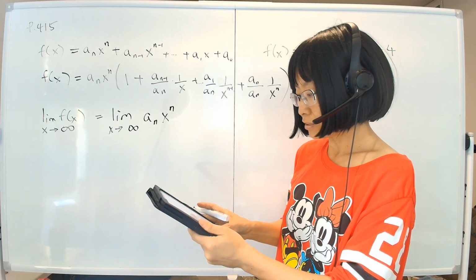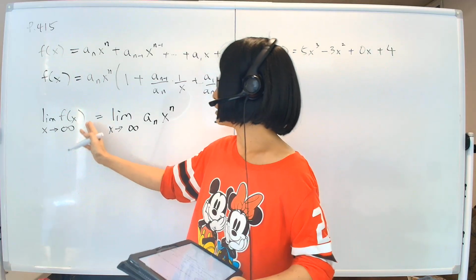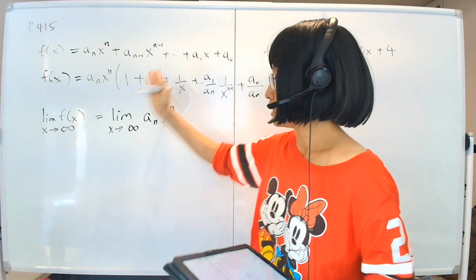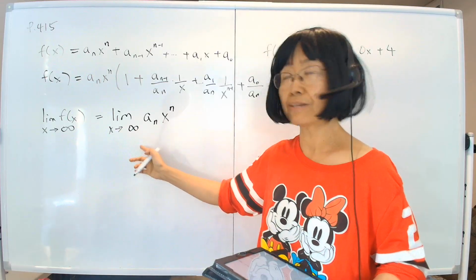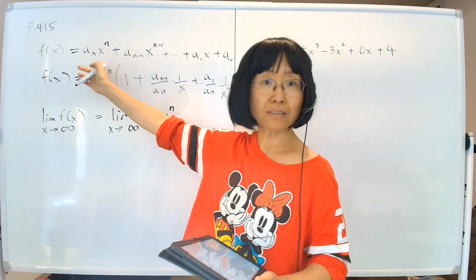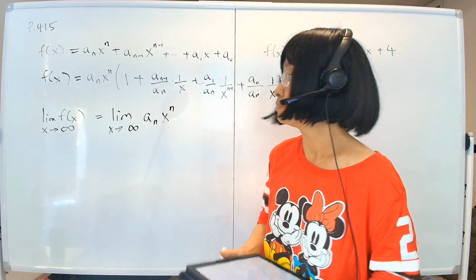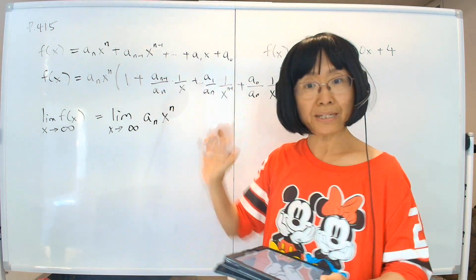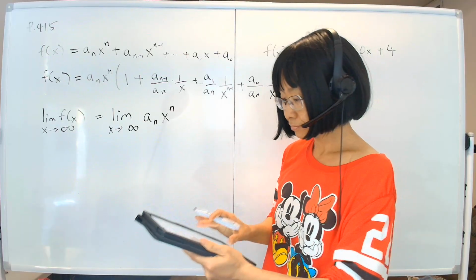Therefore, this means that the rule is that if you have a polynomial, then the infinity behavior is identical to the infinity behavior of just the first term. All the rest don't matter because they are inferior. All the rest get dominated by the first term. The first term is the only thing that matters.